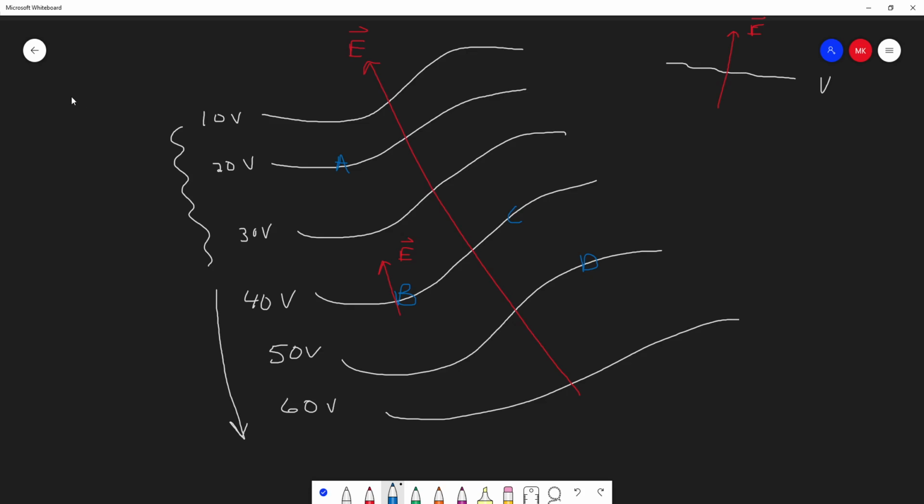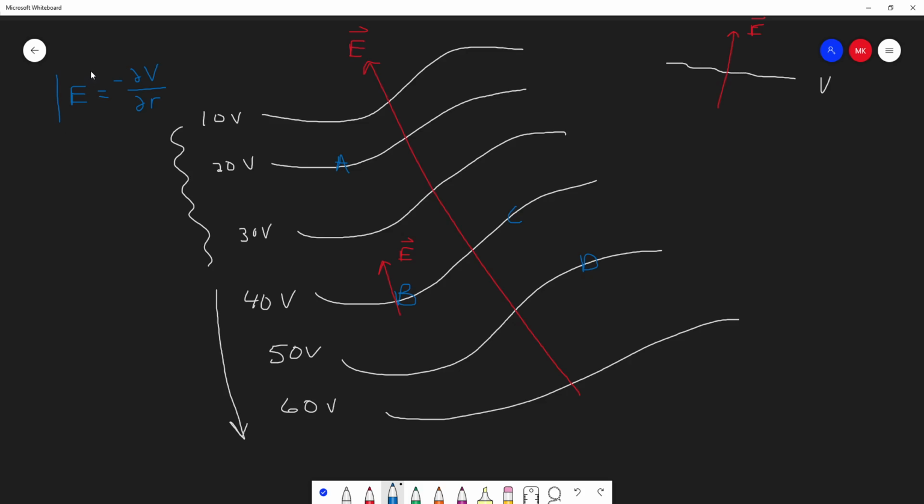We know that the relationship between our electric field and our voltage: electric field is the negative derivative of voltage with respect to distance or displacement. We know that when our delta V is the biggest with respect to R, our electric field, not including the sign, is the biggest.